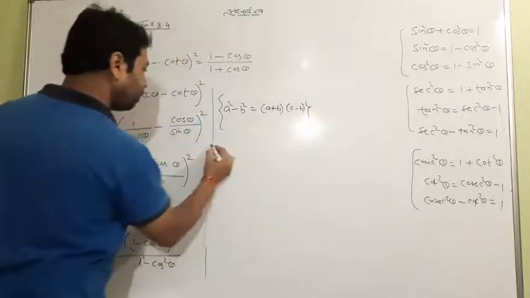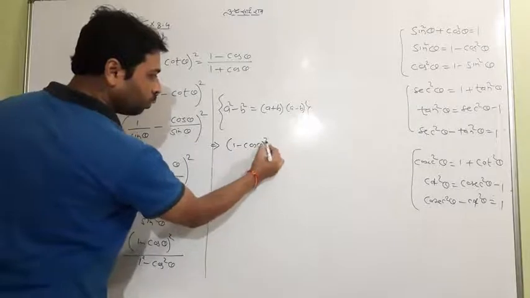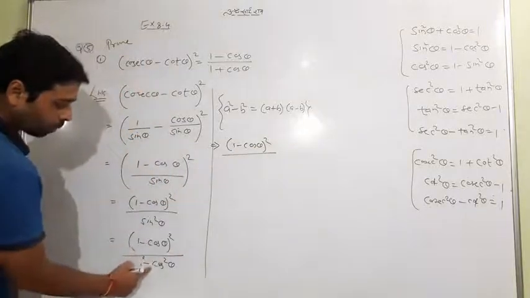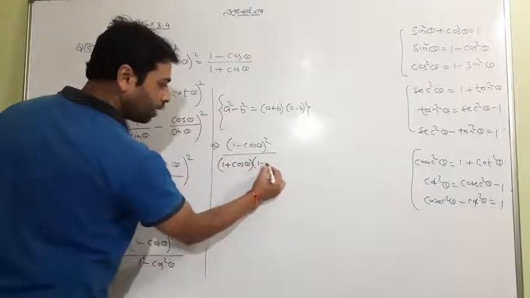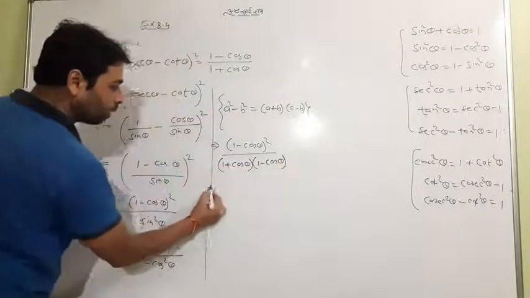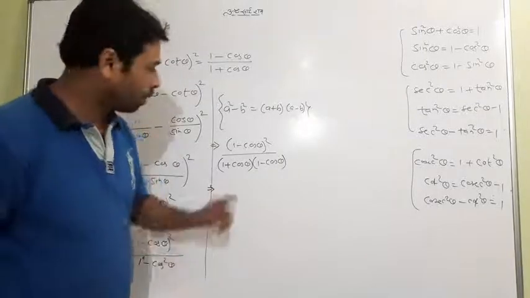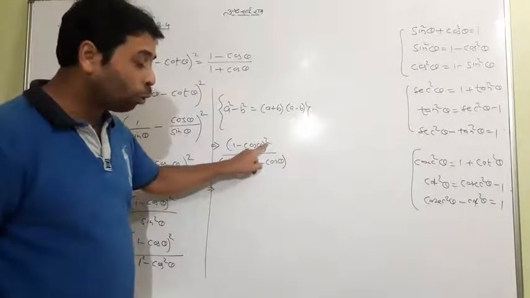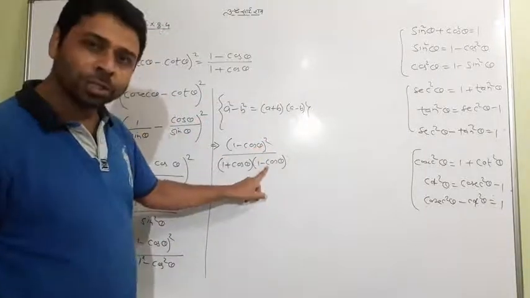Write 1 minus cos theta whole square as it is, and 1 minus cos square theta becomes 1 plus cos theta into 1 minus cos theta. And a special thing: 1 minus cos theta whole square means the same term multiplied twice, while in the denominator it appears a single time.